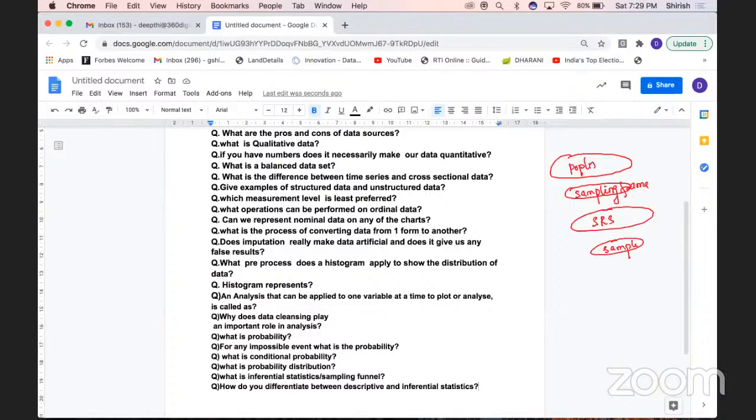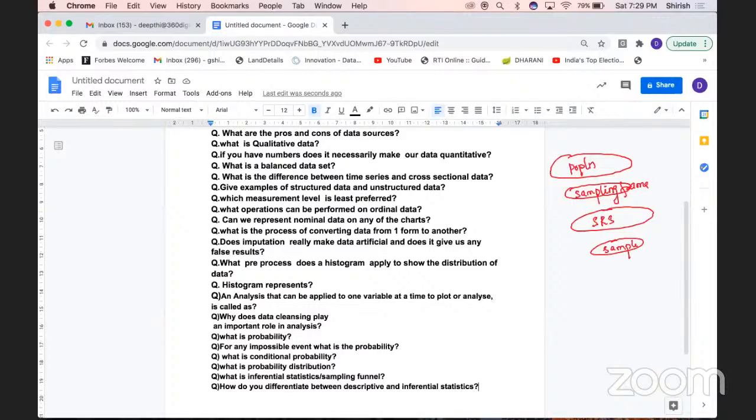Descriptive statistics will summarize the characteristics of the data. Exactly. It will explain, like descriptive analytics, what happened actually. You are giving an attempt to describe what the data is holding, what insights you can guess, what happened actually. But what about inferential statistics?